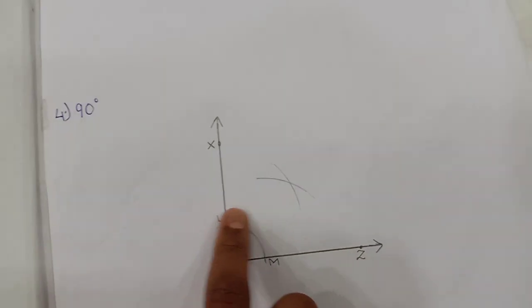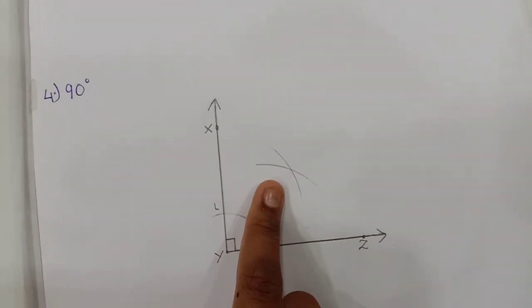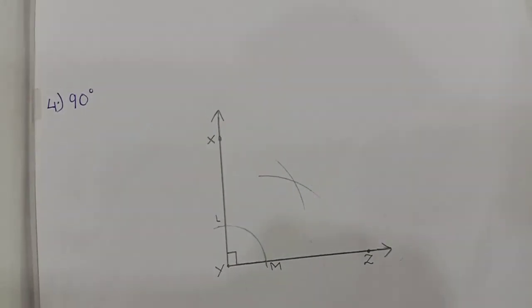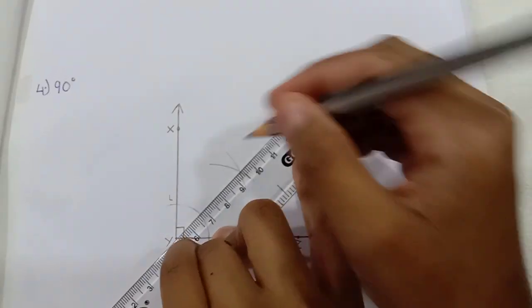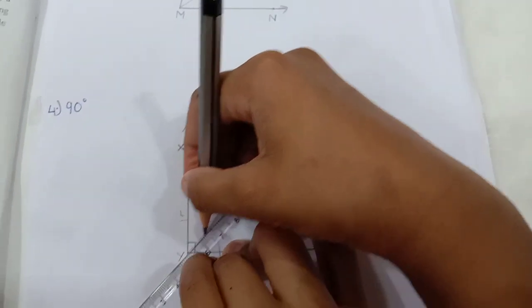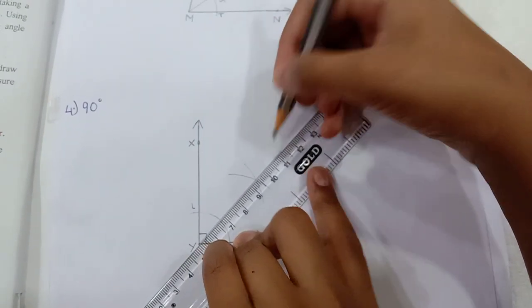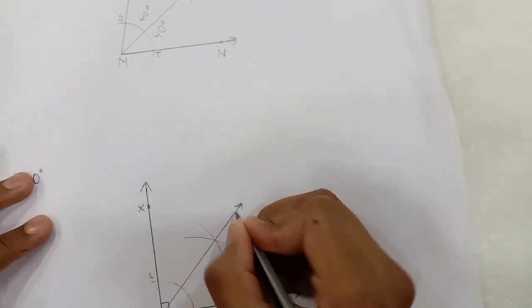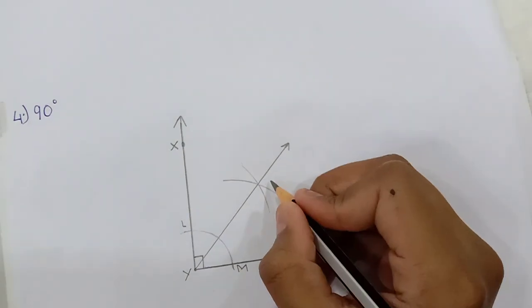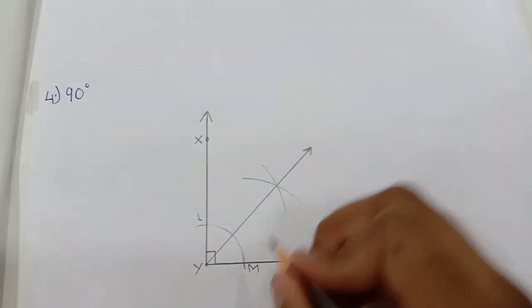So it is a proper arc, right? Then the line, you know, right? We have to make the line. So children, make that line. So you made that line and arrowhead. So L, M, N.